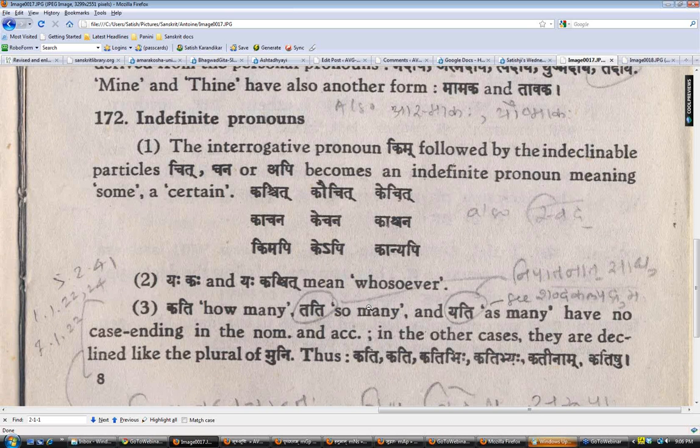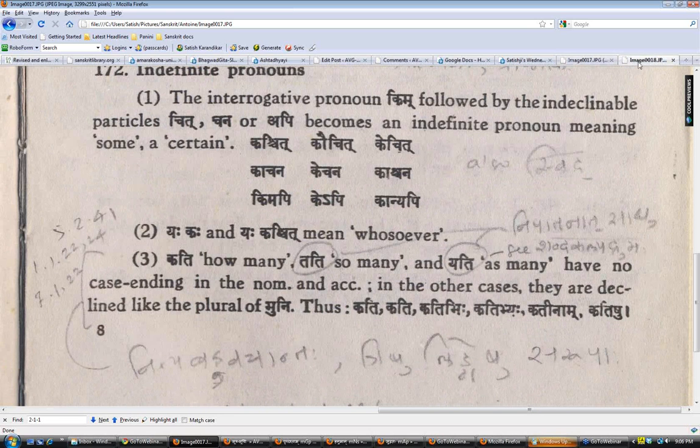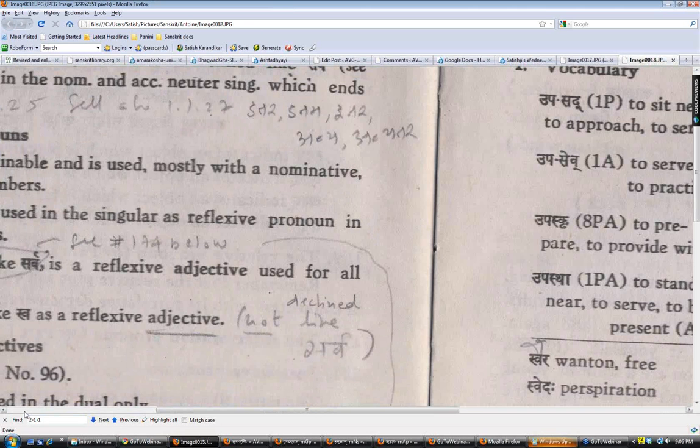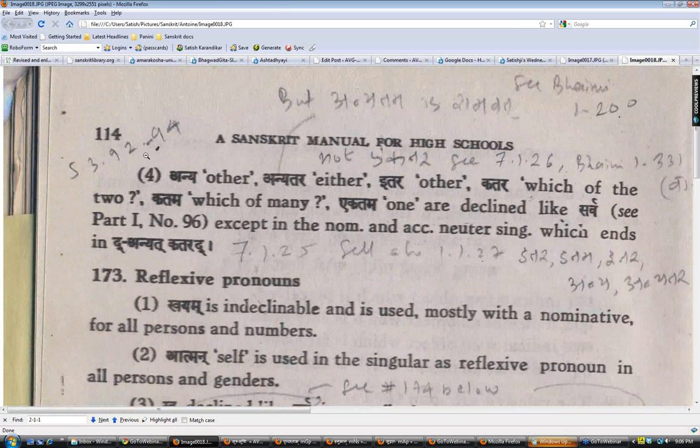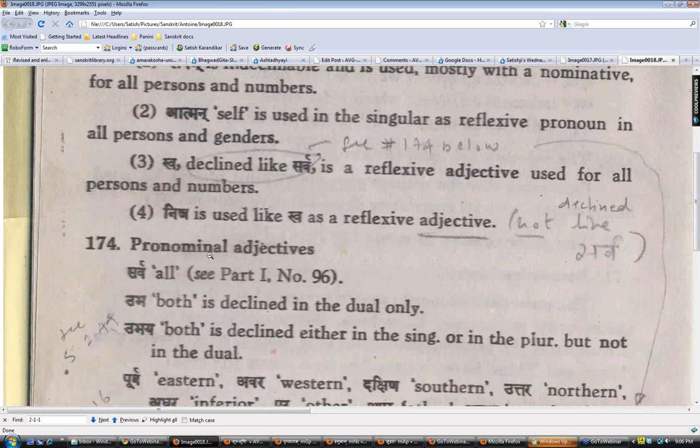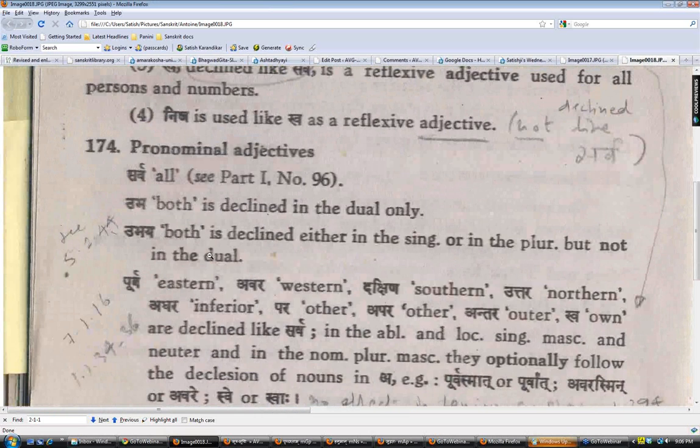And then the next page, which is the last page of this lesson. This top one, look at 5-2-53, 92 to 94. And then the remaining parts are mainly the section about Sarvadini Sarvanamani.